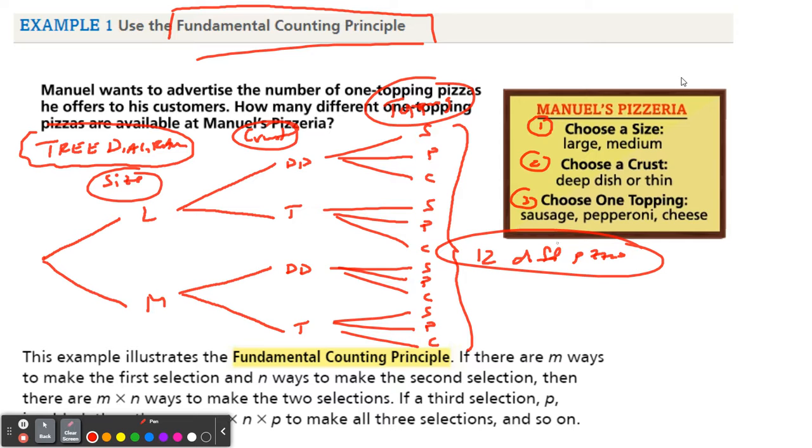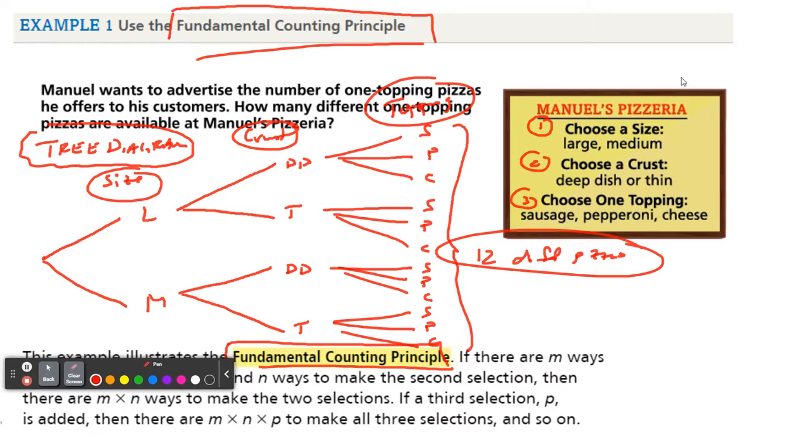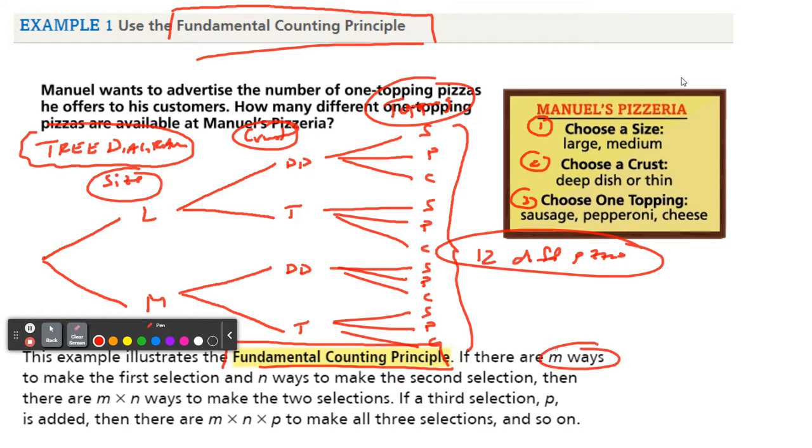Now, a simple way to look at this is using what's called the fundamental counting principle. You might have done problems in the past where you're trying to pick an outfit. You have so many pairs of pants, so many shirts, so many hats maybe. If you have m ways for the first selection, n ways for the second selection, and p ways for the third selection, then to find the total number of selections, you just multiply all the possibilities: m times n times p.